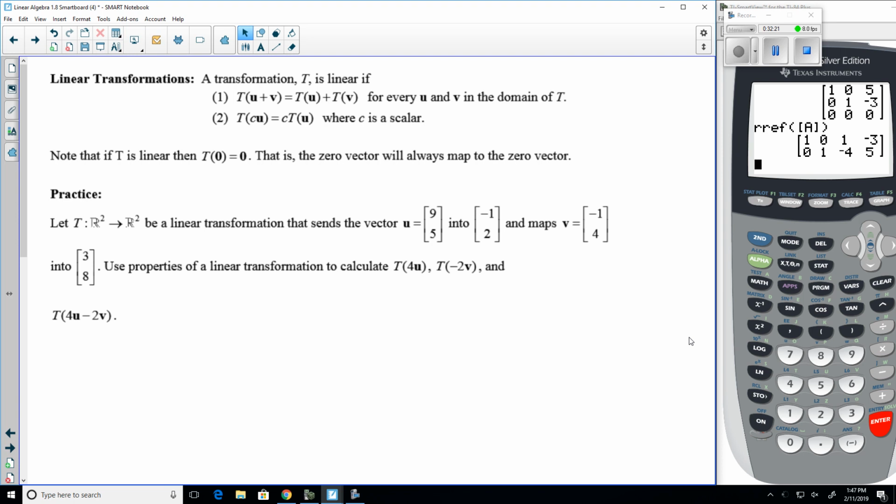The first is if you take the transformation of a sum of vectors, it's the same as taking the sum of the transformations of the vectors separately. So can I add the vectors first and then do one transformation, or can I take two separate transformations of each vector and add them together? Do I get the same thing? If that's yes, then that satisfies one condition.